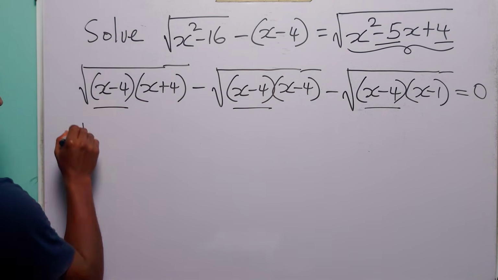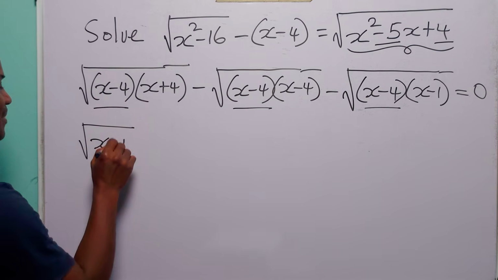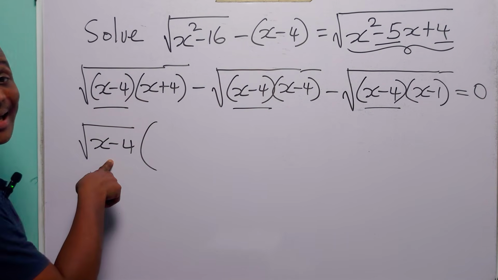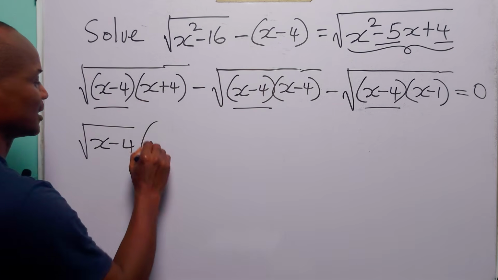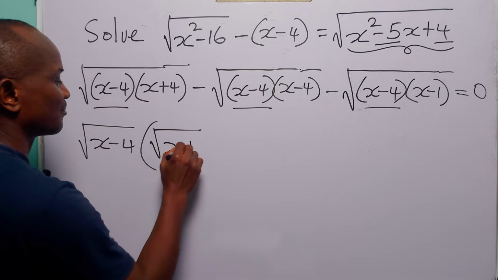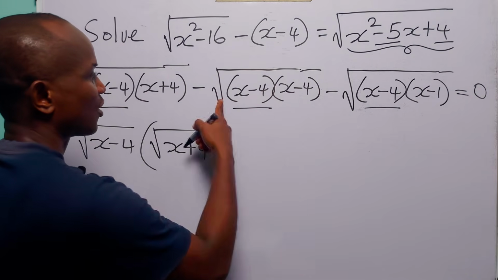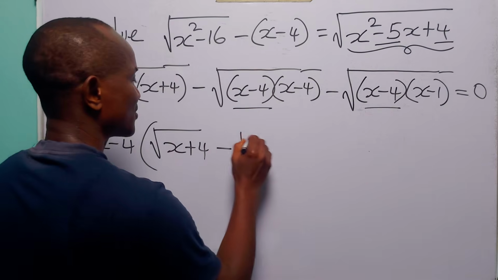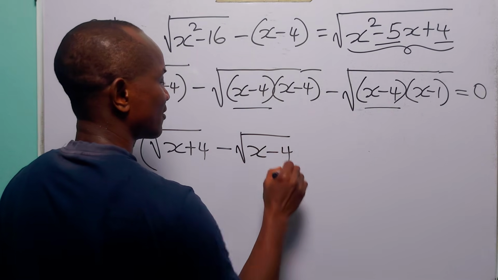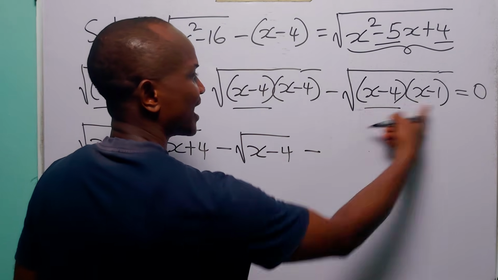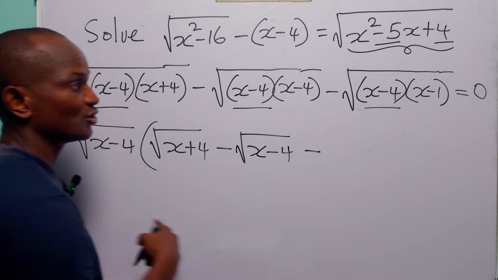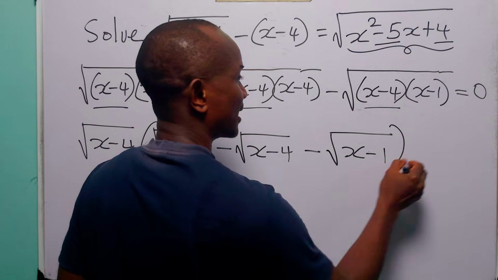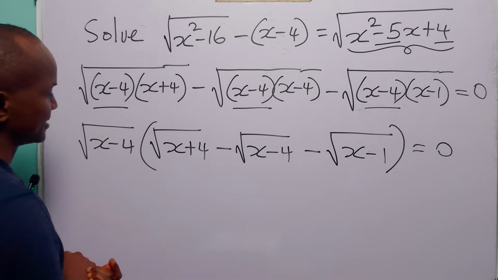When we do that, here we have the square root of x minus 4 multiplied by, now when you divide this by this, of course you are left with the square root of x plus 4 minus, when you divide this term by this, you are left with the square root of x minus 4 minus, when you divide this term by this, you are left with the square root of x minus 1. And of course, this is equal to 0.